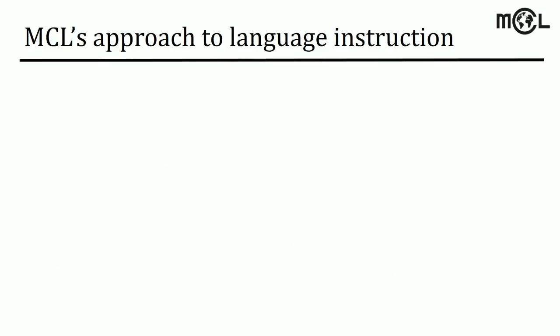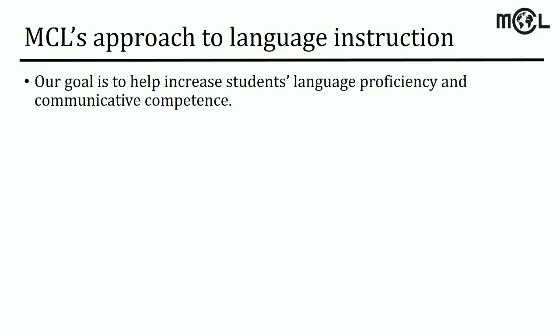Another thing I wanted to introduce in this first video is to give you an idea of our philosophy, what our approach to language instruction is here in the Department of Modern and Classical Languages, MCL. There are maybe 5 bullet points I want to cover. First, what's our goal? Our goal is to help increase students' language proficiency and communicative competence.